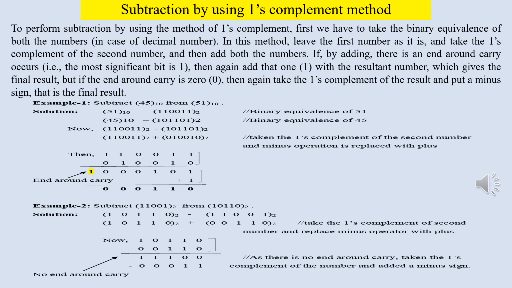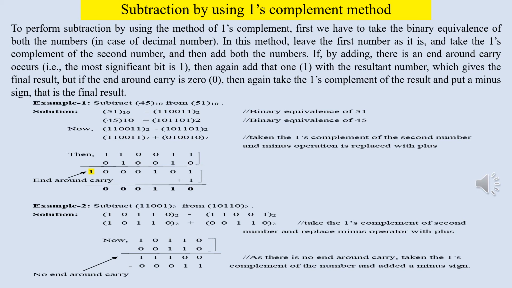If by adding an end around carry occurs, that is the most significant bit is 1, then add that 1 again with the resultant number, which gives the final result. But if the end around carry is 0, then take the ones complement of the result and put a minus sign. This is the final result.